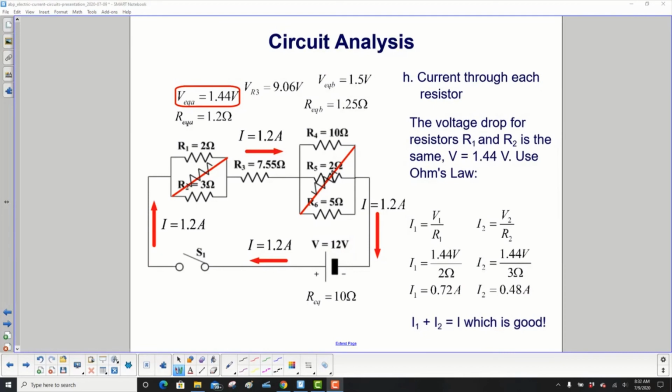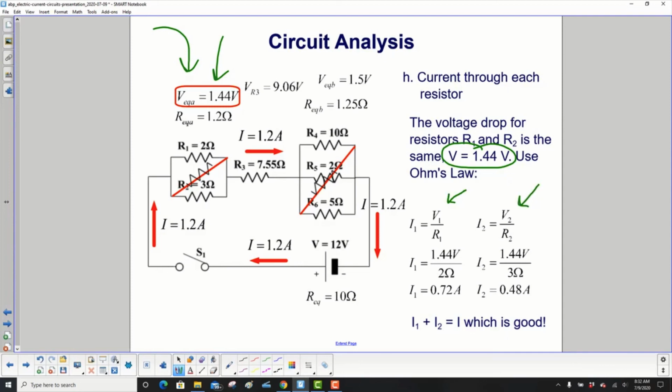Now we need to find the currents through each resistor. So let's start over here with R1 and R2. Good place to start. The voltage drop for each resistor is 1.44 volts, right? We found that right here. We want to find the current through each resistor, so it's just I1 is V1 over R1, and I2 would be V2 over R2.